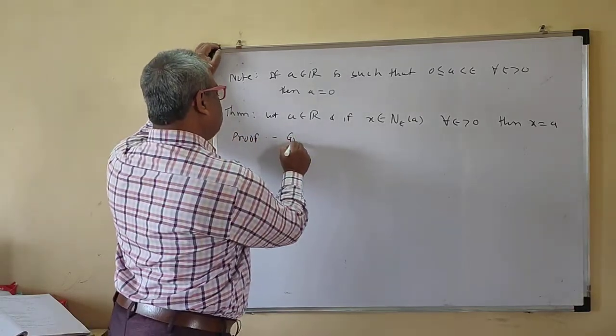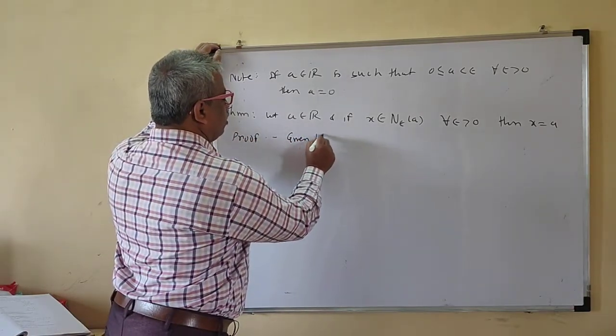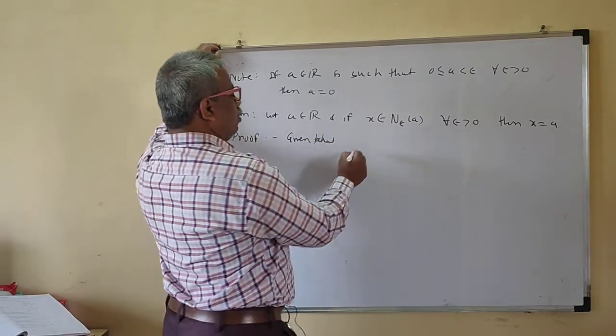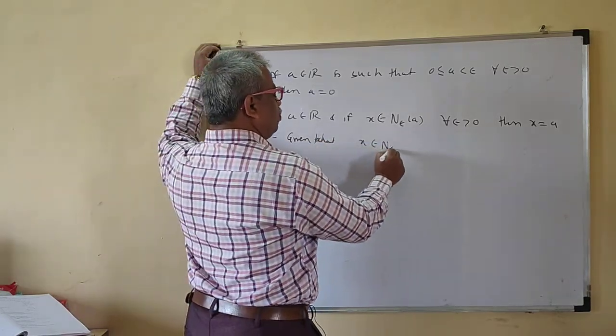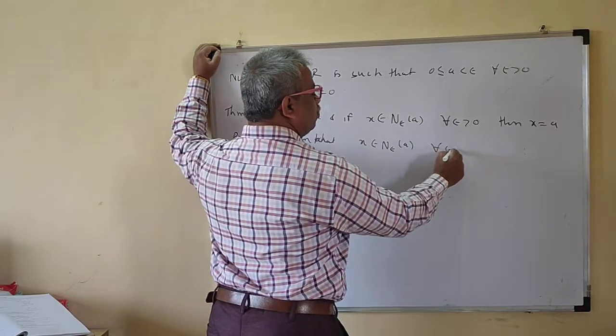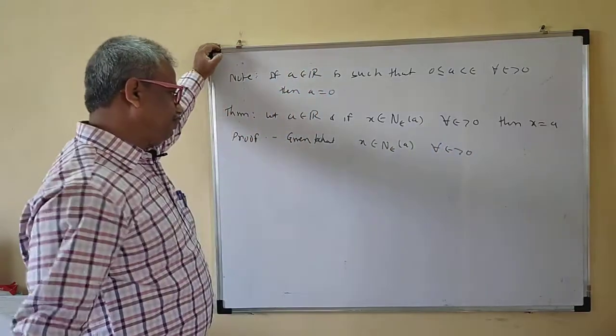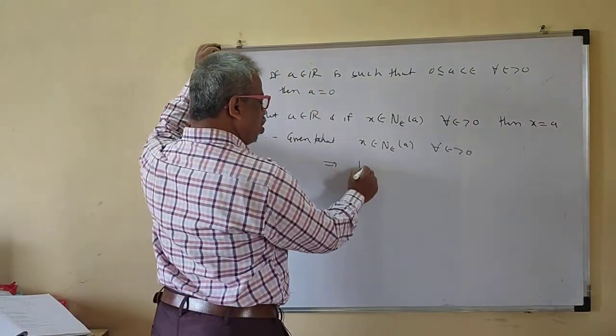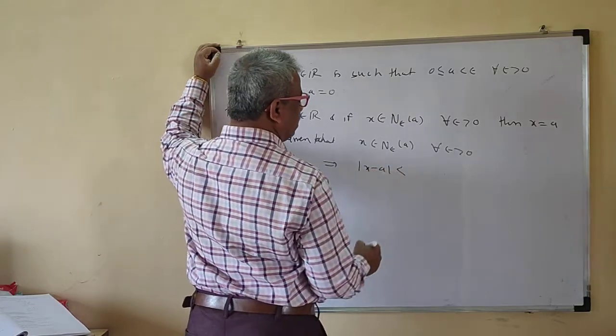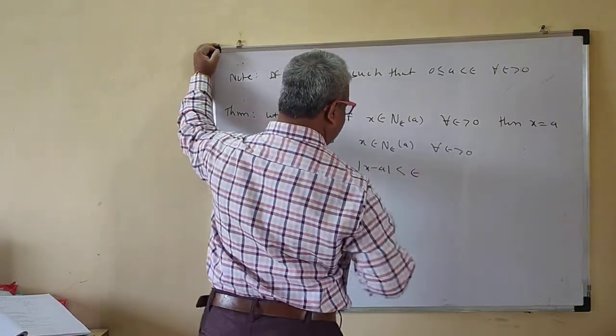Given that X belongs to the epsilon neighborhood of A for all epsilon greater than 0. This implies that mod of X minus A is less than epsilon.